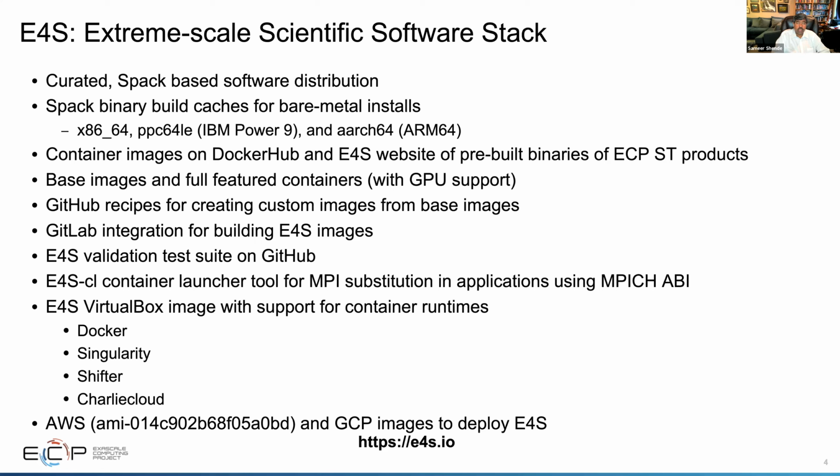We have a container launch tool that allows you to substitute MPI in the container in your application with the system MPI if it's using the MPICH ABI. And so you can get near native performance for internode performance for system interconnects. We also have a VirtualBox image which supports container runtimes such as Docker, Singularity, Shifter, Charliecloud.